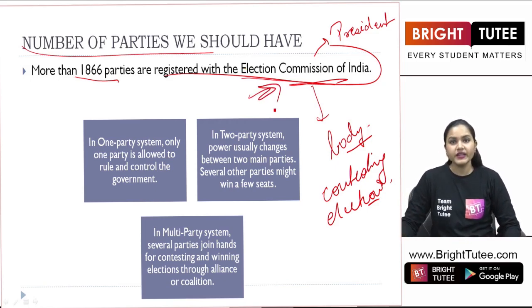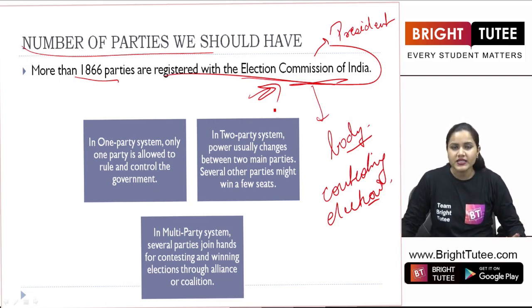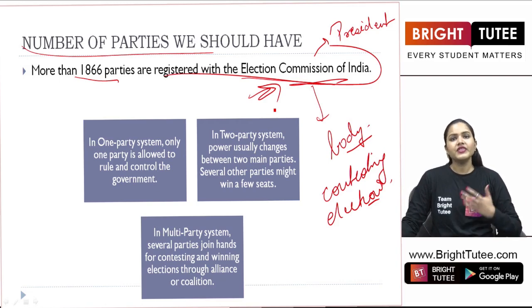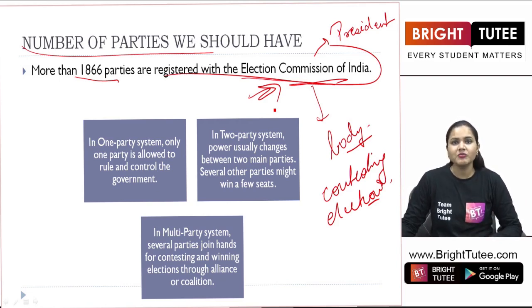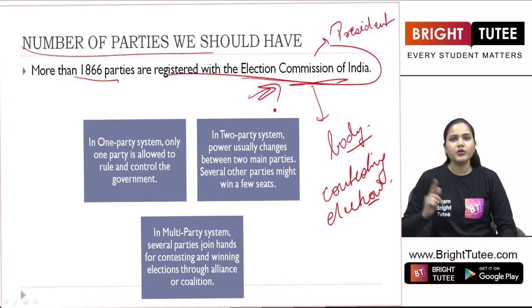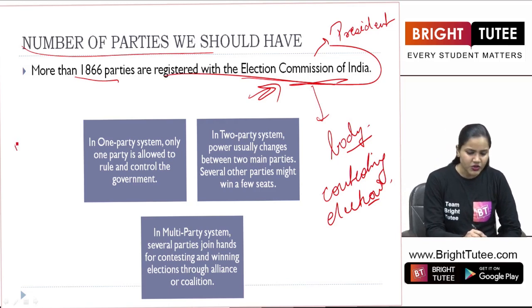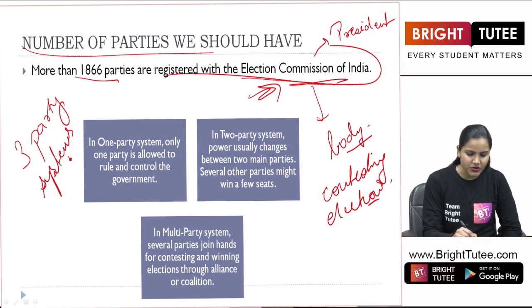Election Commission of India. Now, while talking about the number of political parties, let us try to understand the various types of political parties that exist, not only in India, but all over the world. So, there are three party systems that we are going to discuss here. Three party systems that we have to talk about.